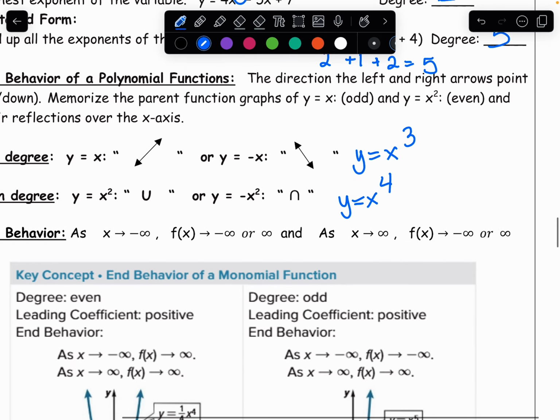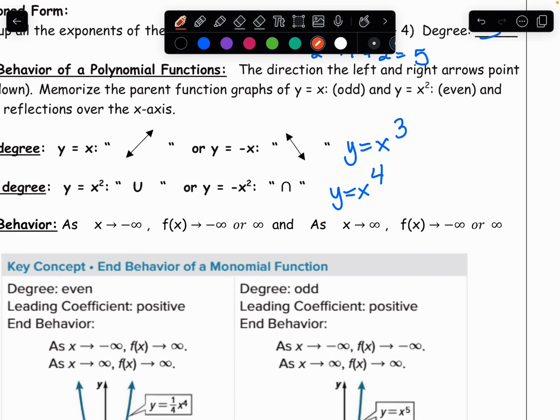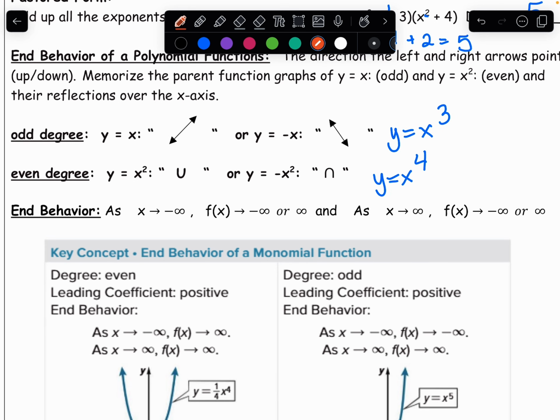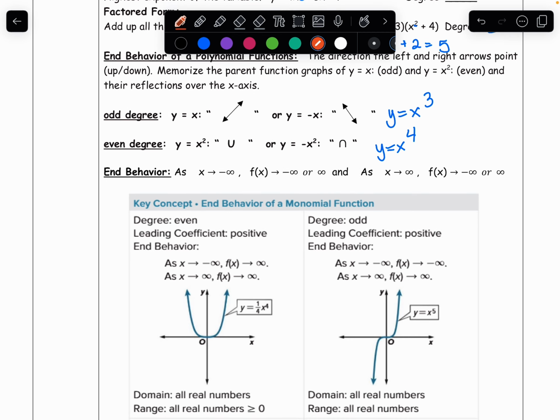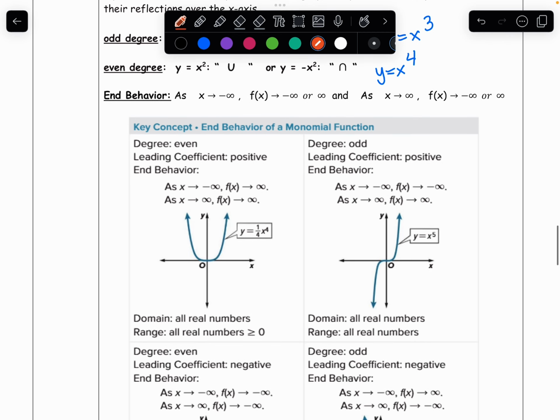The reason that it's linear, and that's going to kind of help us with our end behavior, is if it's odd, as x approaches -infinity, well, I guess it depends on your reflection. It'll either be -infinity or positive infinity, and then as x approaches positive infinity, it's going to be negative or positive.